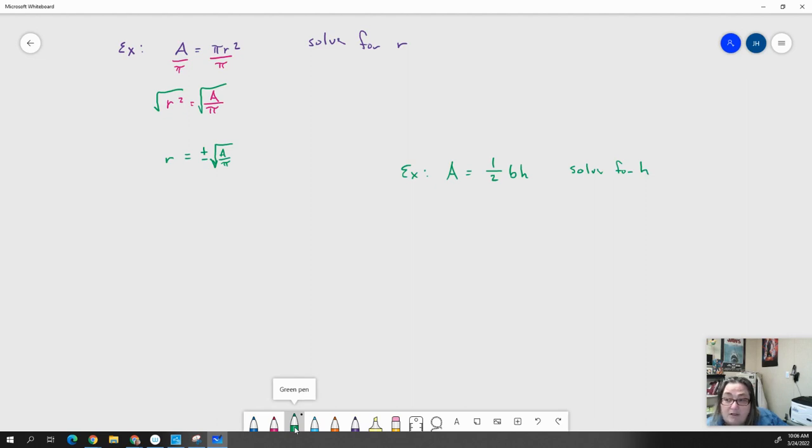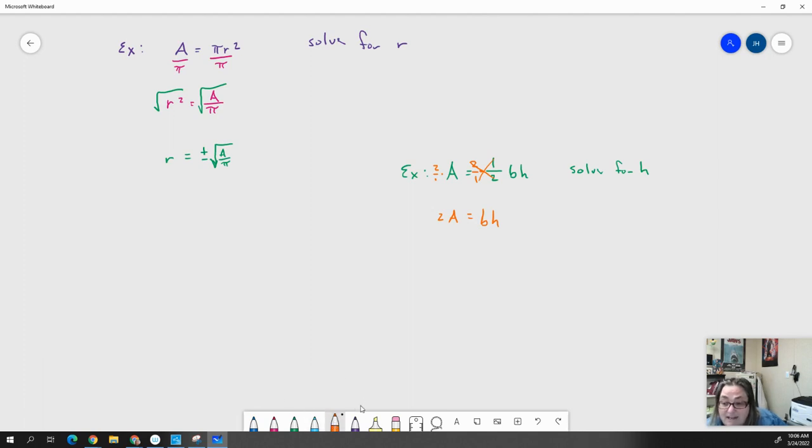So we're going to have to start undoing what's being done to it. The first thing I notice being done to it is we've got this 1/2 multiplied to it. So I'm going to multiply by the reciprocal of 1/2, which is 2/1, right? Which is the same as multiplying by 2. So here I would wind up with 2A equals, well, these cancel, and I have BH.